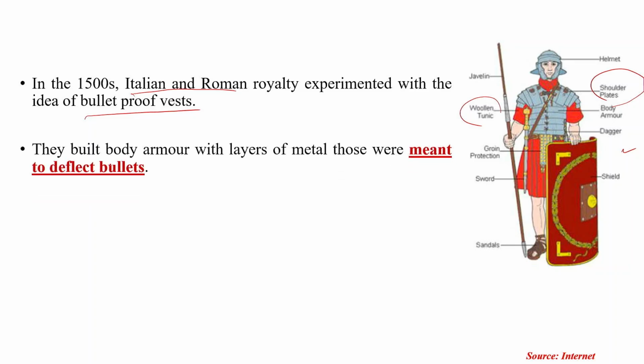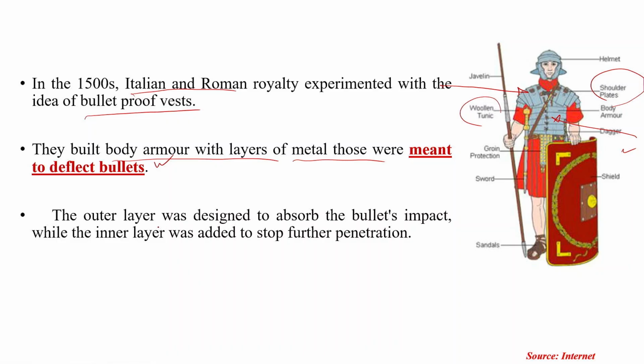They built body armor with layers of metal, meant for deflecting bullets. Different types of metals were used. The main idea initially was to deflect the bullet from penetrating.